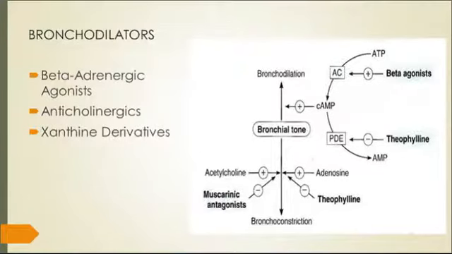Bronchodilators, beta adrenergic agonists. They're going to egg it on, so they're going to help the beta receptors. If they're non-specific, it's going to hit beta 1 and beta 2. So they're going to affect the heart and the lungs, so it's going to dilate, relax that smooth muscle in the bronchioles, while it might also cause tachycardia and anxiety.